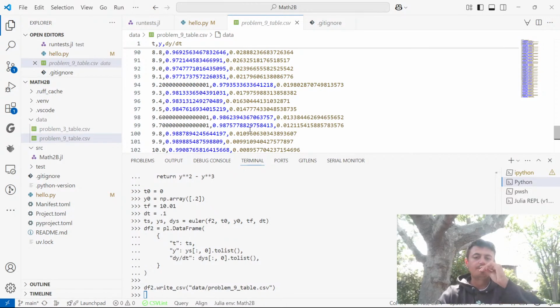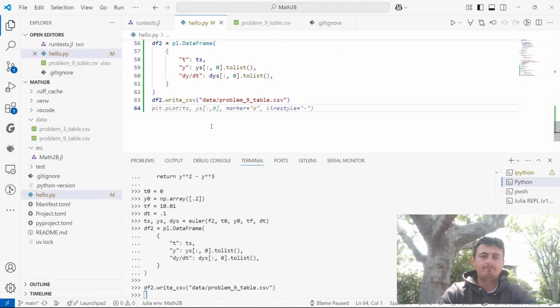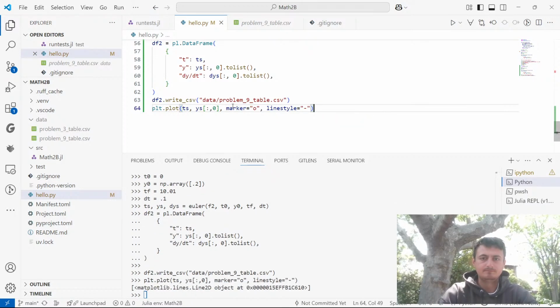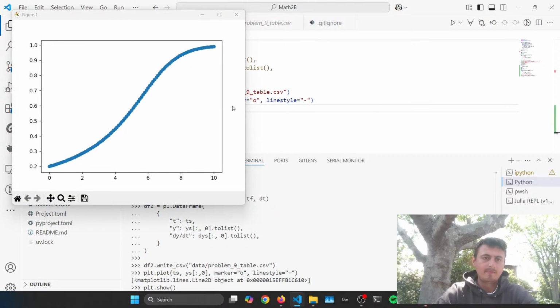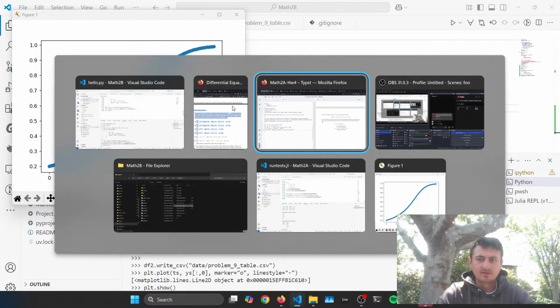But it's going to increase to 1. Let's plot it. Let's integrate it.